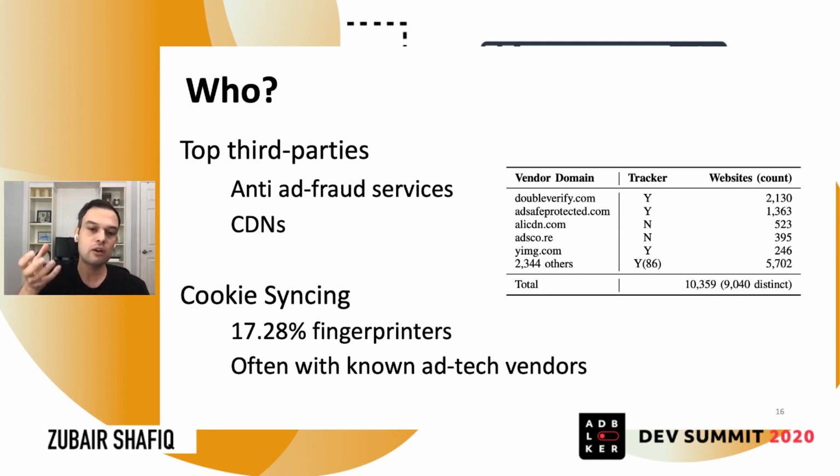So they were not just doing fingerprinting, they were also setting cookies and sharing cookies with other third parties. In fact, many of these fingerprinting domains were cookie syncing with many different advertising domains, or domains which were classified as tracking by different filter lists, such as Disconnect.